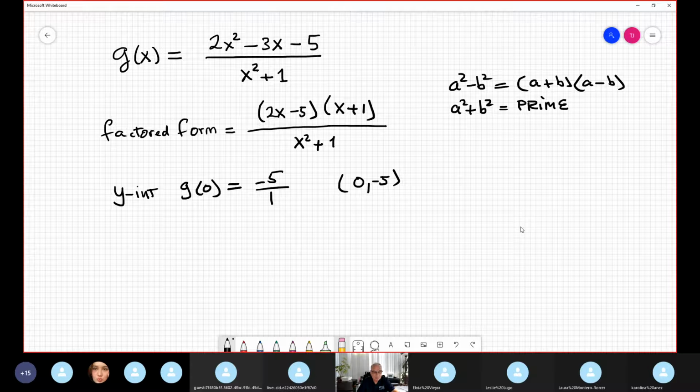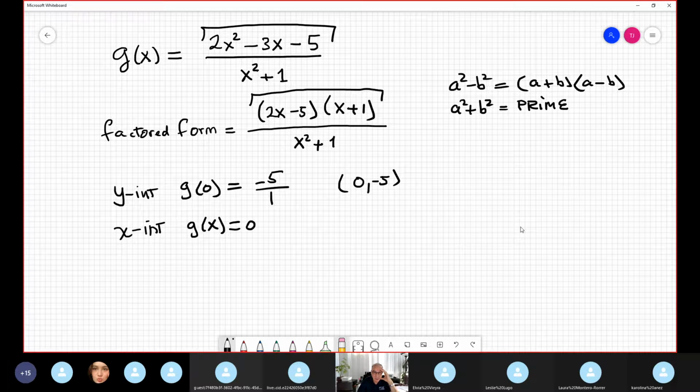For finding the x-intercept, it's different. The formula is you put the original function equal to 0, which is synonymous with saying that the top part is 0. Or much better, at least for me, is using the factored form because it's already factored.